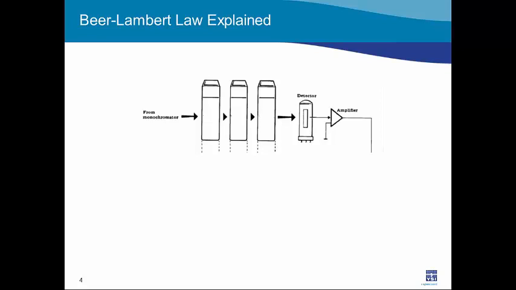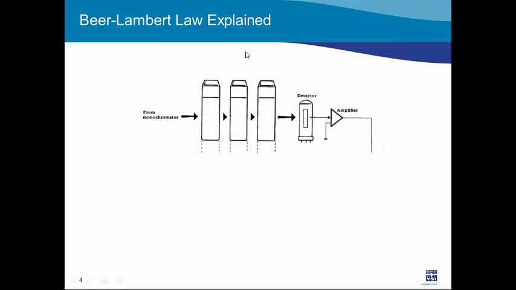First off, the Lambert law states that intensity decreases exponentially as the length of the optical path length, that is the distance between the sample and the detector, increases. And this is illustrated here in this picture.